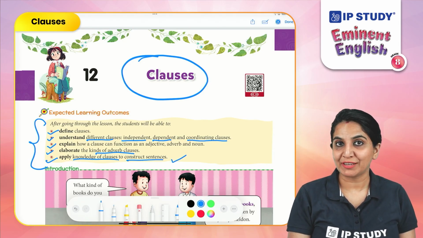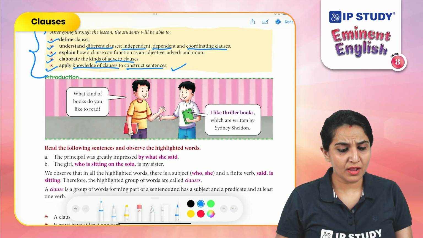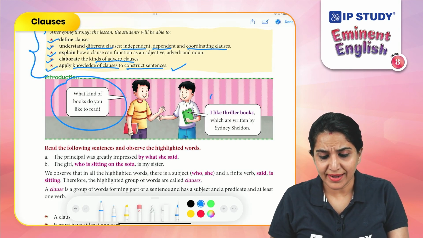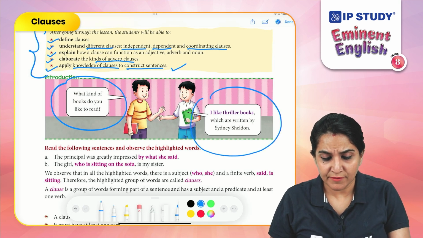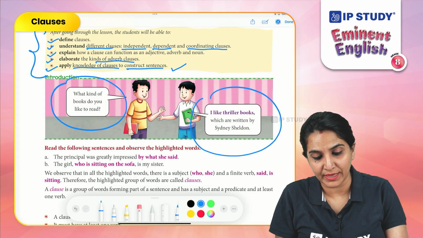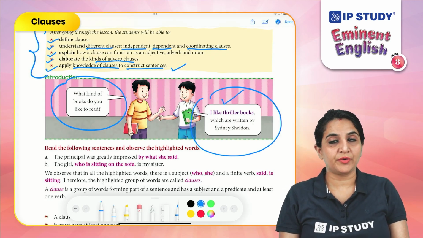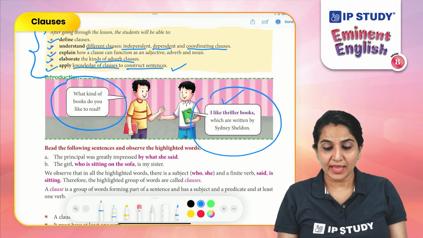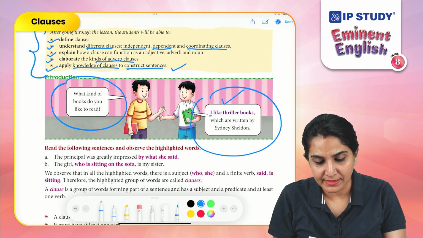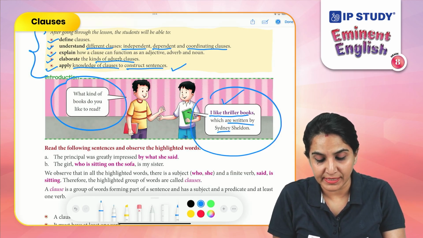Now, before we dive further, let us read this example. What kind of books do you like to read? I like thriller books which are written by Sidney Sheldon. If you look closely at this sentence, there are two clauses: I like thriller books, and they are written by Sidney Sheldon.